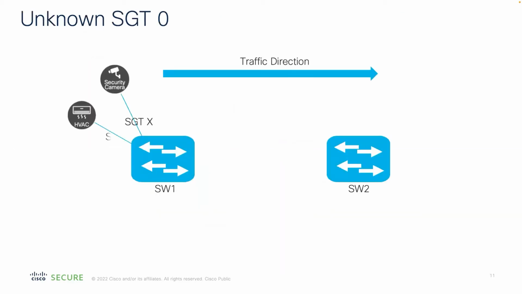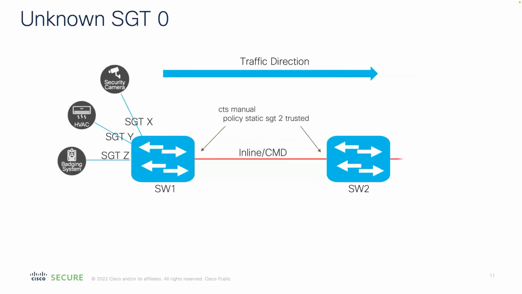So I wanted to touch on the unknown SGT. On the left here, we've got 3 endpoints and they're all assigned an SGT. So SGTX, SGTY, and the third one, the badging system, is assigned SGTZ. Now, traffic flowing from left to right here, because we're inline tagging in the middle between switch 1 and switch 2, the packets flowing from left to right will carry the source SGT in the packet.